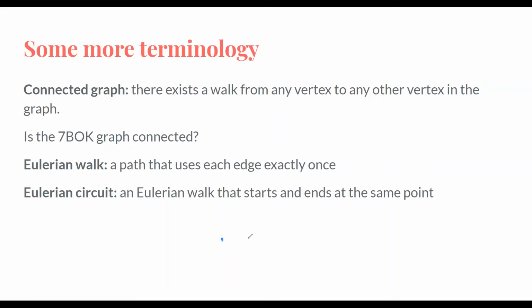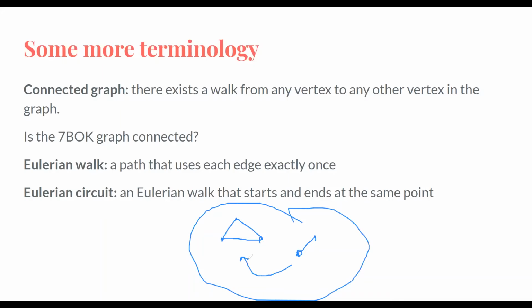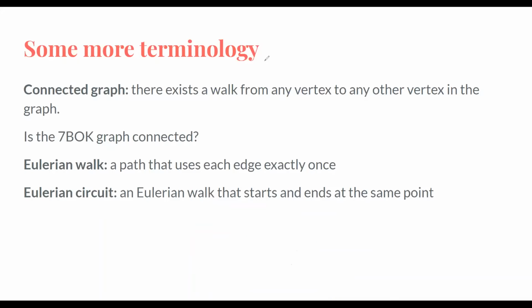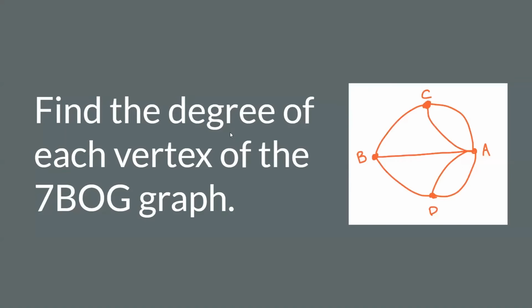But a graph that looks like this, and then this, with this whole thing being my graph, would not be connected, because I cannot go from this point right here to any of those points, since there are no edges connecting them. The 7 bridges of Königsberg graph is connected because there exists a walk from any point in that graph to any other point.